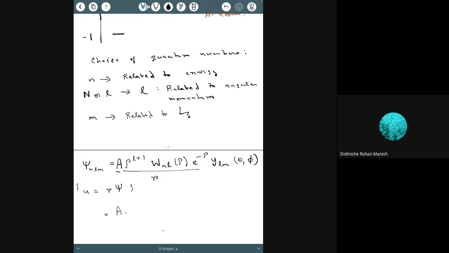And then I can write it as a rho to the power L, W n l rho. So that's a prime. Or I'll put a prime here and this can be a. Minus rho.